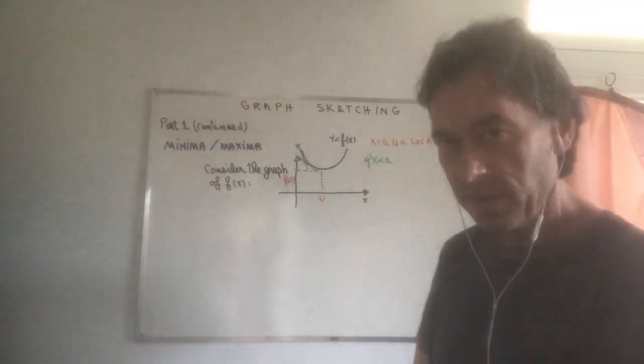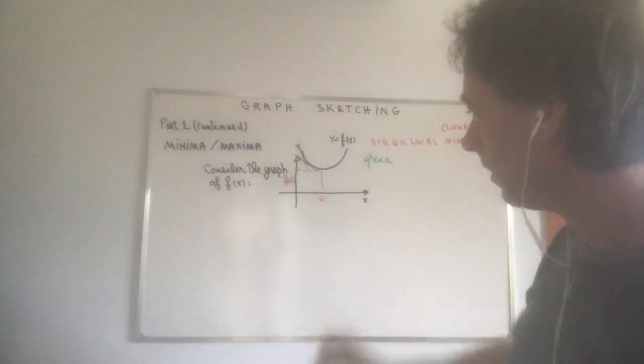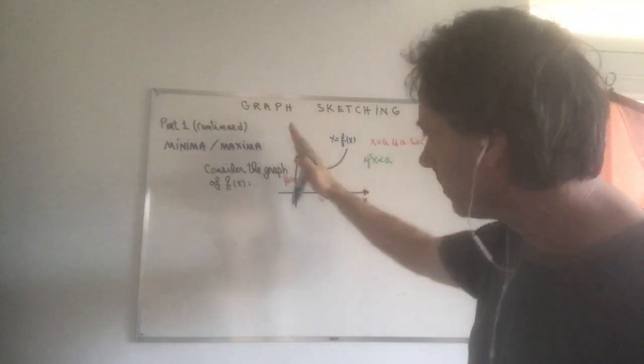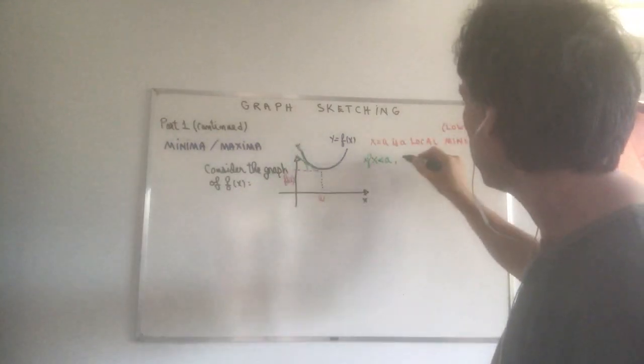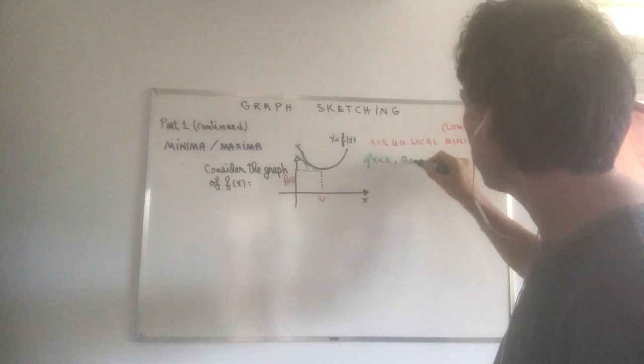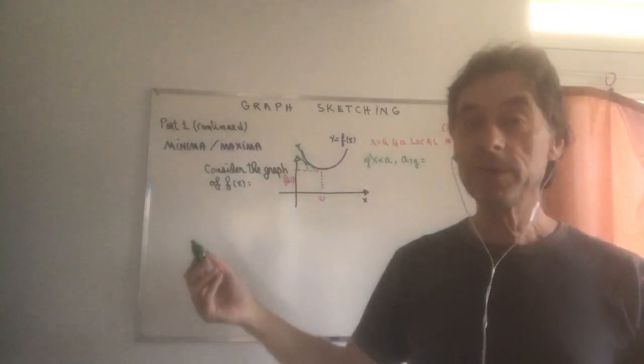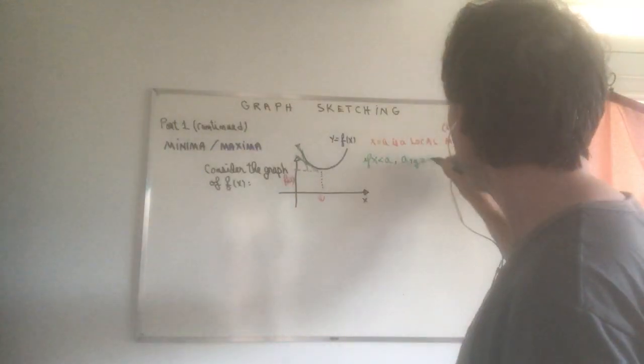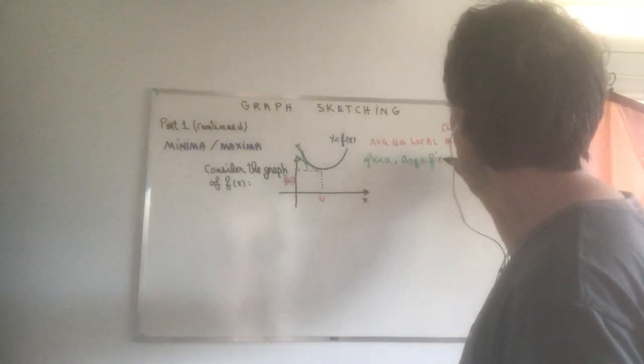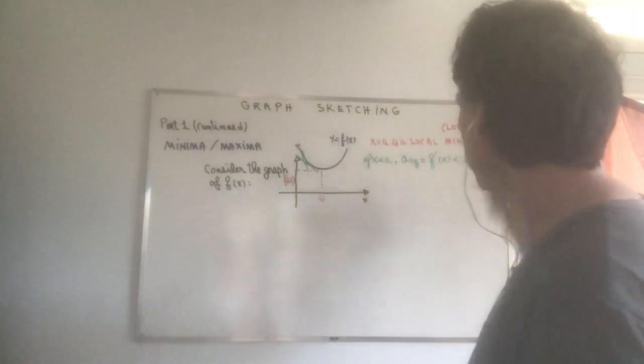Are they positive, negative, zero? They're all oriented this way, right? So they're all negative. Then the slope of the tangent line, which is, by the way, what? We're starting to know this. It's the derivative. This is negative.